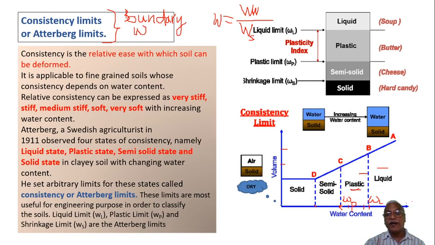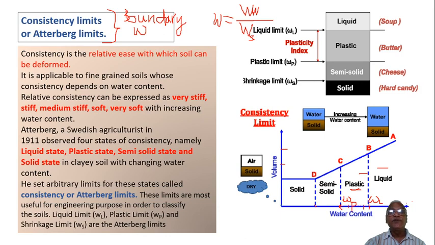Now here, as you decrease the water content, volume is decreasing, right? But you cannot make the volume of the water-soil combination completely 0. You can imagine that water content can become 0. Water content definition is weight of water to weight of solids.